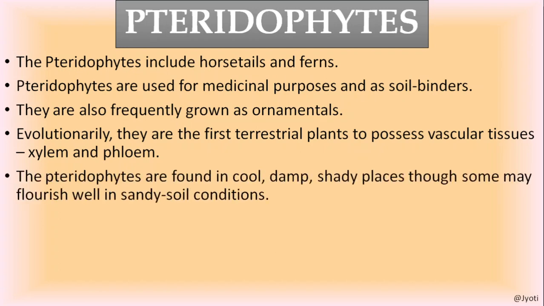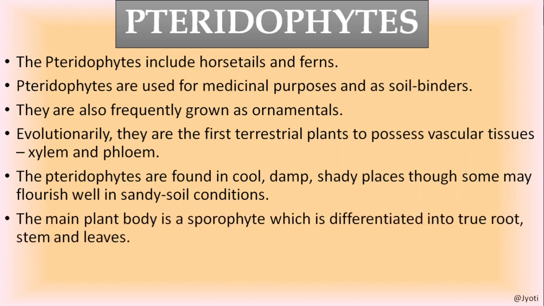The pteridophytes are found in cool, damp, shady places, but some of them may flourish well in sandy soil conditions also. And unlike bryophytes, in which the main plant body was gametophyte, here in pteridophytes the main plant body is a sporophyte, and the sporophyte is differentiated into true root, stem and leaves.